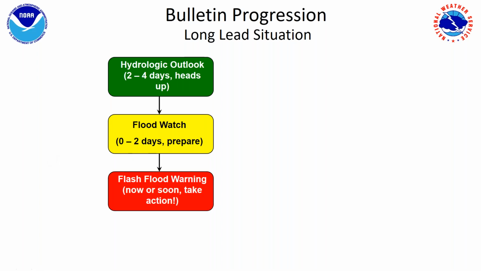Now, once the rain event starts, and is there a question? Yes. Oh, yeah, we have a question, Kevin, please. Okay. For the hydro outlook, the 2 to 4 days, what do you say about the confidence level? Like, if all the conditions are there from the model data and whatnot, 2 to 4 days out, and we put the outlook out, and then things change when it gets to those days, is that okay?